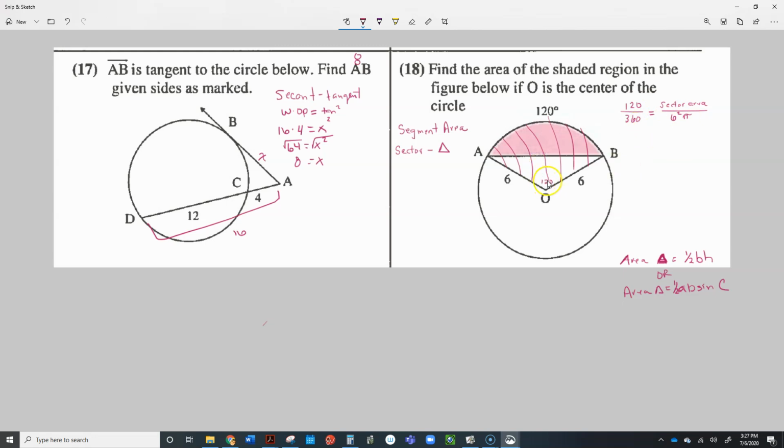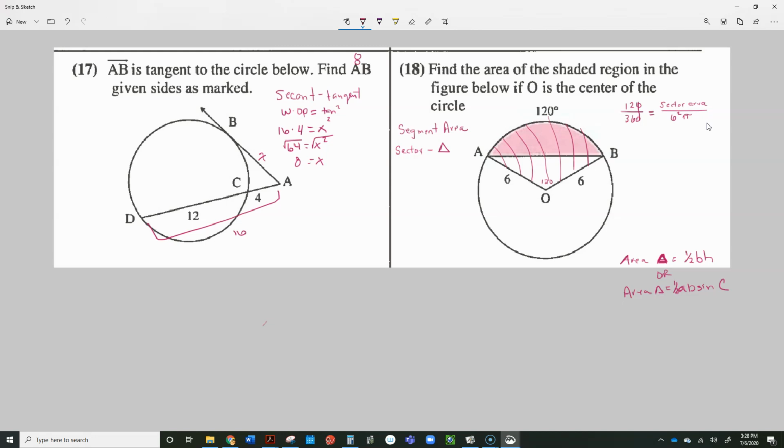So they gave us this arc measure, and we know it's a measure because it's 120 degrees. So the arc measure, that's the measure of the central angle as well. So 120 over 360 is equal to the sector area over the area of the circle, and the area of the circle is pi r squared, so that ends up being 36 pi. I'm going to make this easier and take out those zeros, so reduce it.